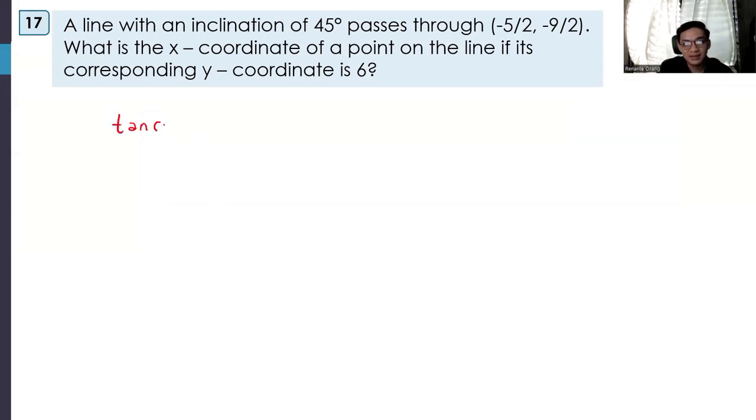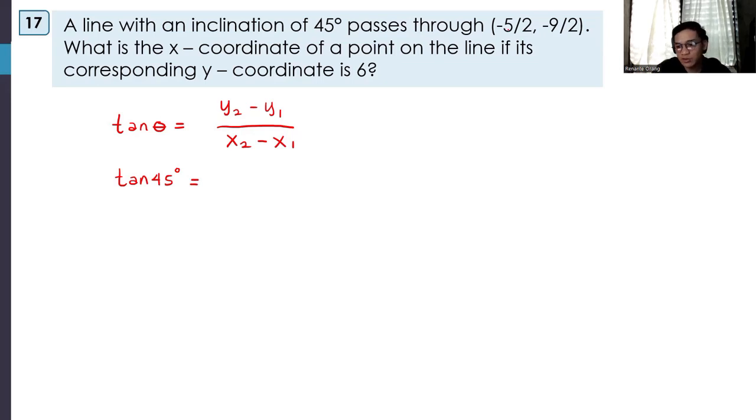Tangent theta is equivalent to y sub 2 minus y sub 1 divided by x sub 2 minus x sub 1. So sabi kanina, yung inclination po daw natin is 45 degrees. Lagay natin. Tapos mag-designate po tayo. Ito yung first point natin. So this will be our x sub 1 and y sub 1.